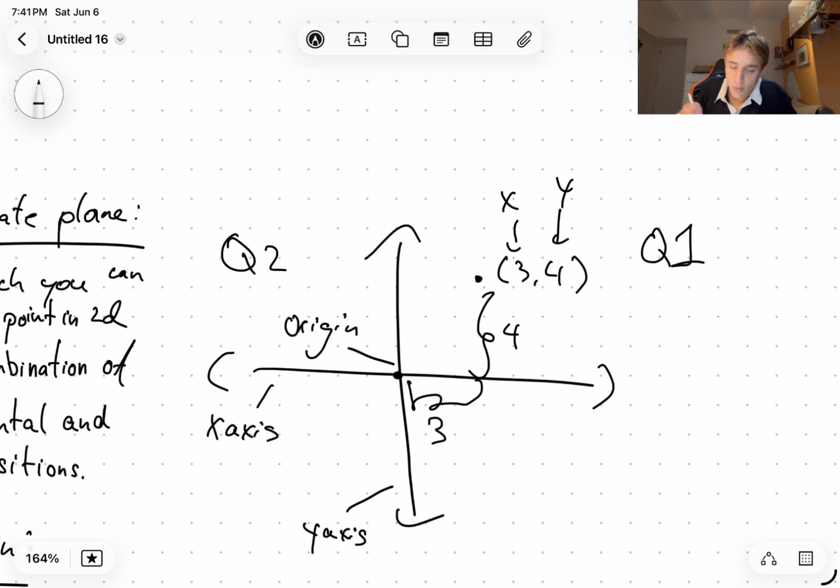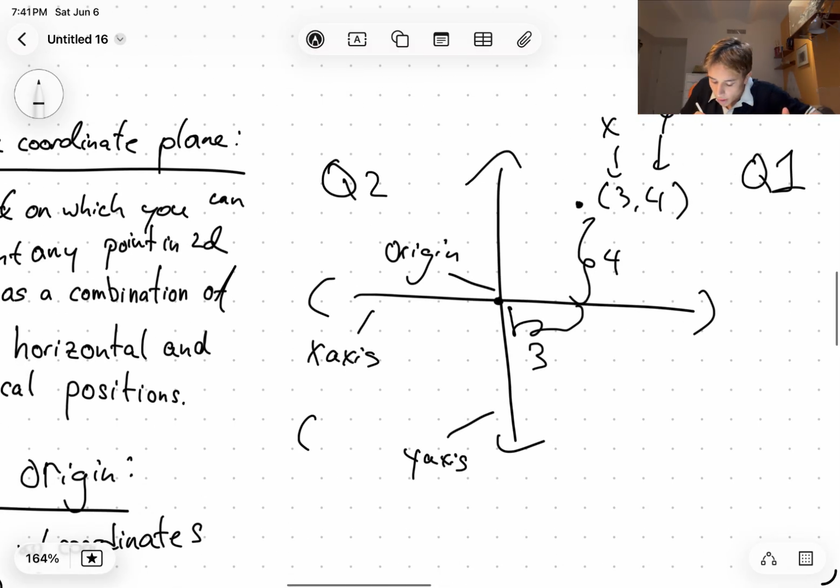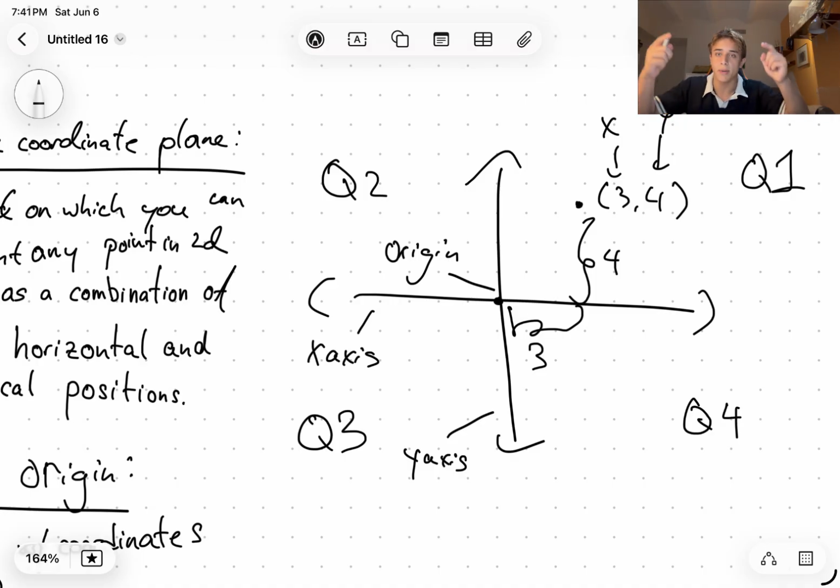And quadrant 2 is the one on the top left. In quadrant 2, the x coordinate is negative, but the y coordinate is still positive. Quadrant 3 is the bottom left. There, the x-coordinate and the y-coordinate are both negative. And then quadrant 4 is the bottom right quadrant. There, the x-coordinate is positive, however, the y-coordinate is negative because it's to the right but also below the origin.